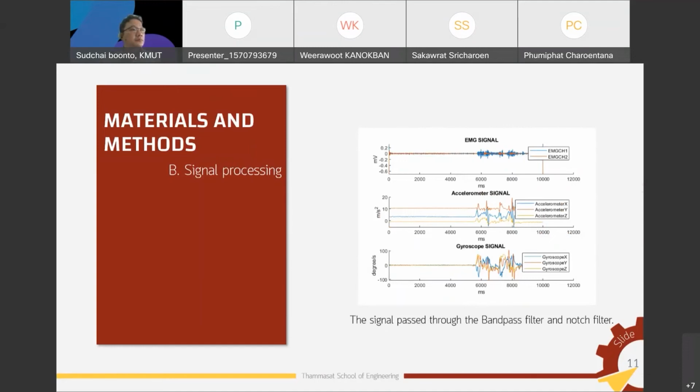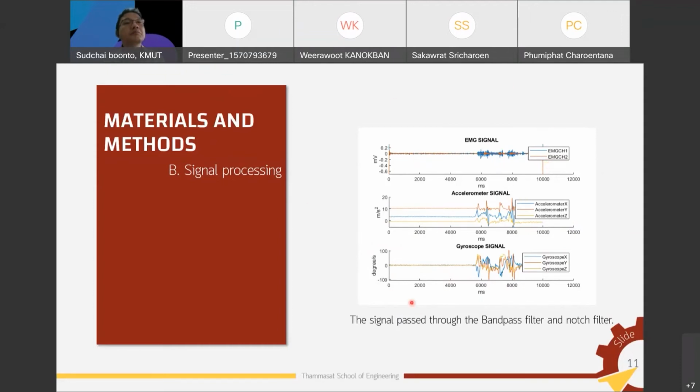Next part, signal processing. We sequentially filter the data from Shimmer3 to eliminate noise using a bandpass filter with a frequency of 20 to 500 Hz and a notch filter at 50 Hz.